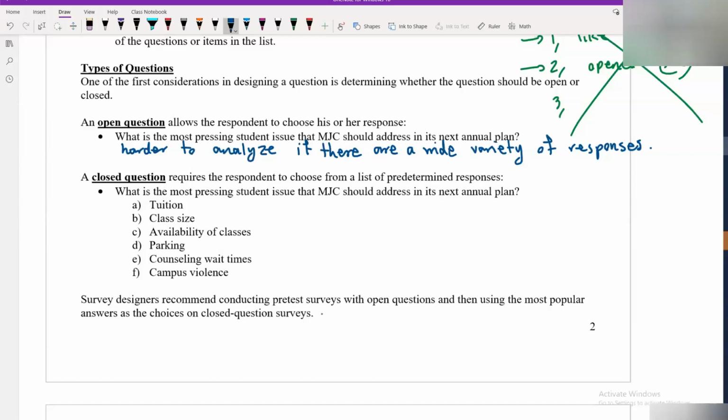For example, we may have like 20 different answers, so that way it's hard to analyze. And for a closed question, we have limited choices, but this one is easier to analyze because we're working based on these 6 answers.